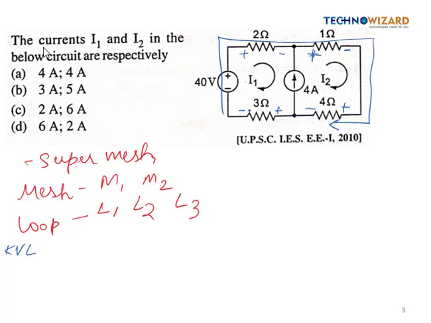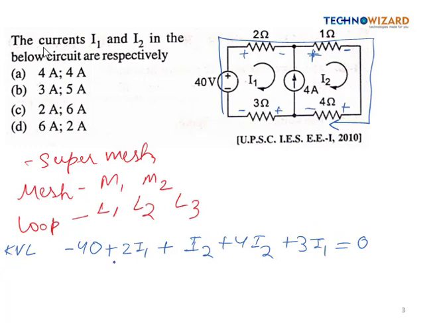We'll start from here. The first sign that we encounter is minus, so it will be minus 40. Next will be plus 2I1, next will be plus 1 into I2, which will be simply I2. Next will be 4 into I2, next will be 3I1, that will be equal to 0.